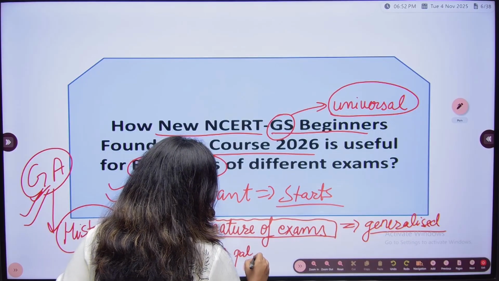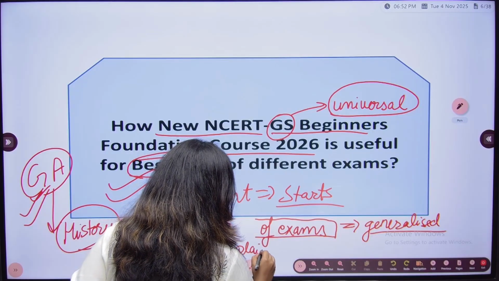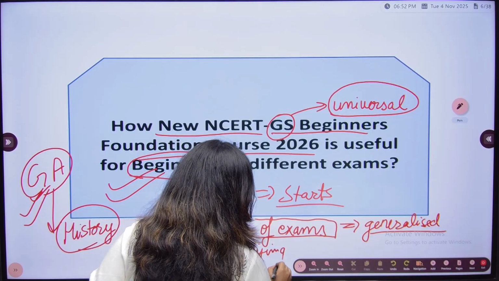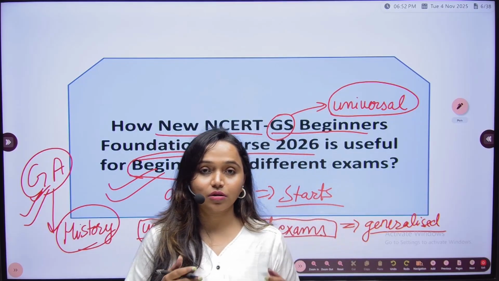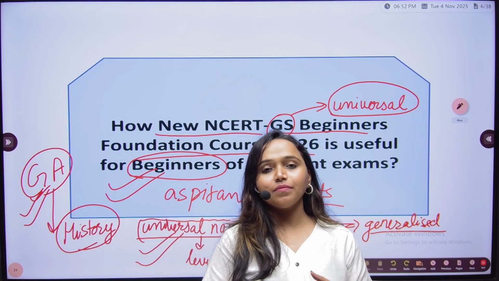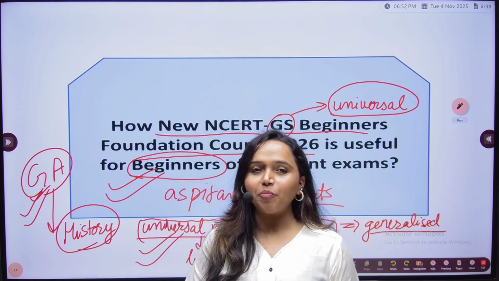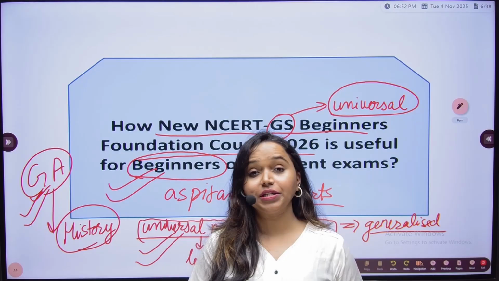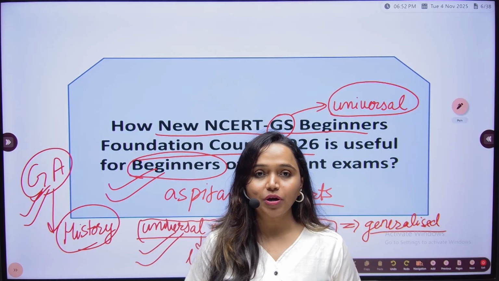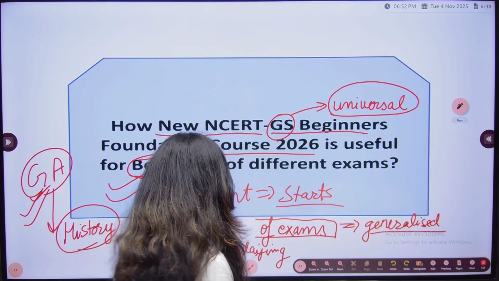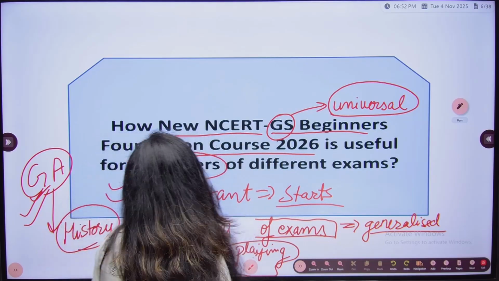Because you are going to give a competitive exam in India, which is one of the most populated countries in the world. And in a place where a lot of students are applying for the same exam, it is very important that these exams should be universal and should provide a level playing field to all the aspirants.